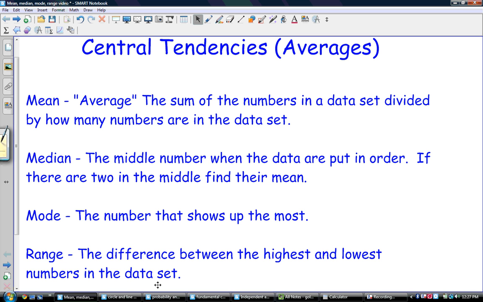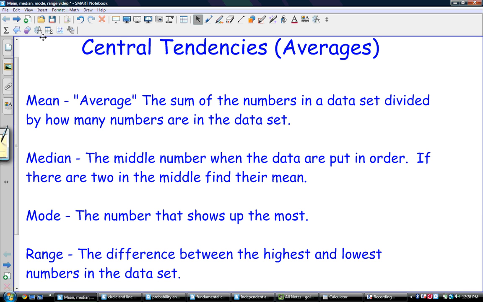If I have a really big range, with a couple of numbers that are really far out as opposed to the rest, that's going to have an effect on my mean. And that tells me when I have a big range in a small data set, the mean may not be the best central tendency to use to describe it. And so that's why the range is important for these.